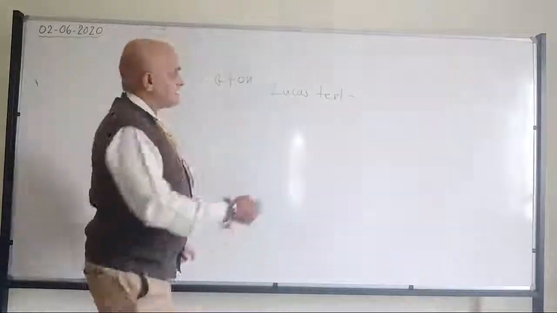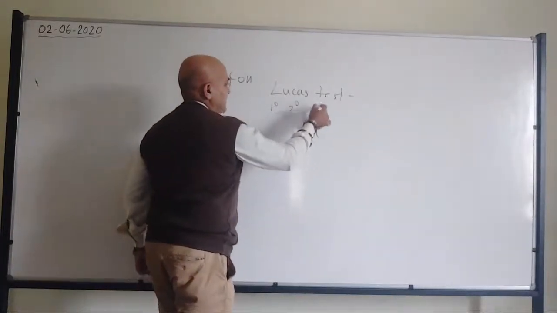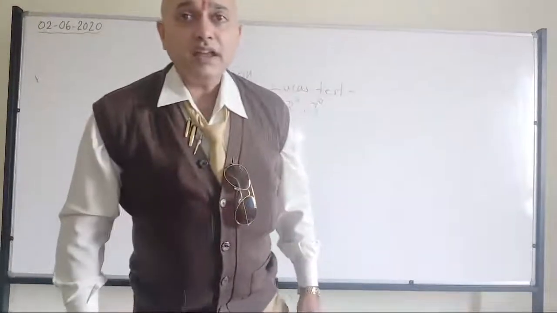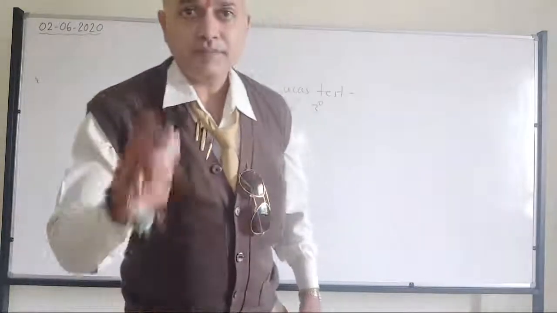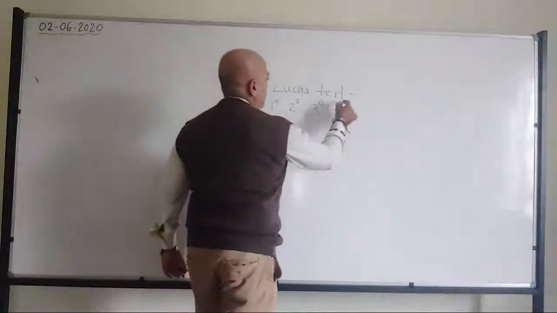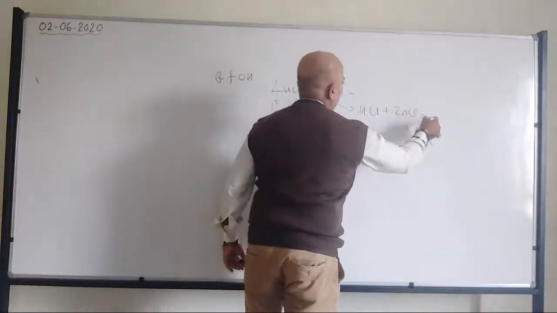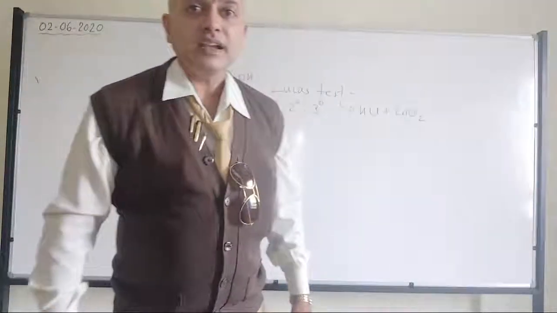The Lucas test can be utilized to discriminate between primary, secondary and tertiary alcohols, or to identify whether a given alcohol is primary, secondary or tertiary. Yes, Jana. So Lucas reagent is nothing but a combination of HCl and zinc chloride.